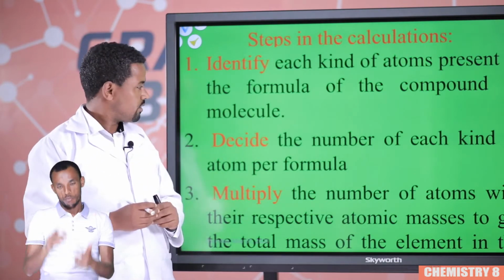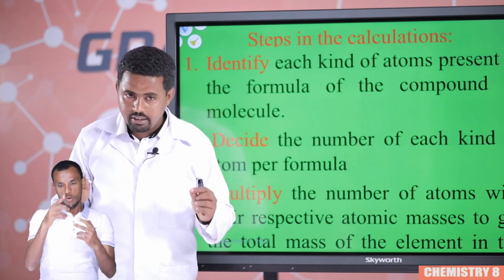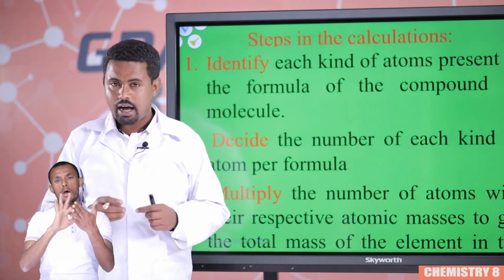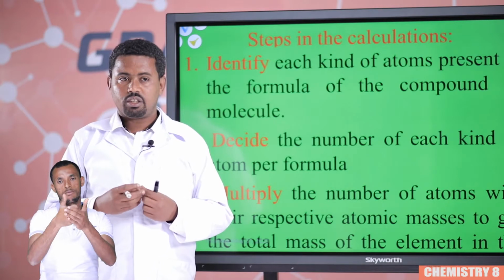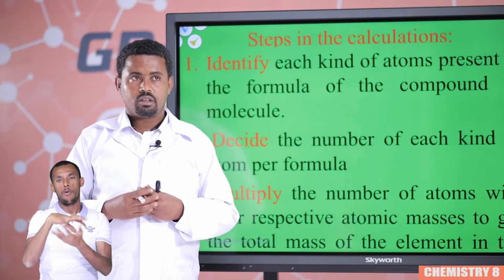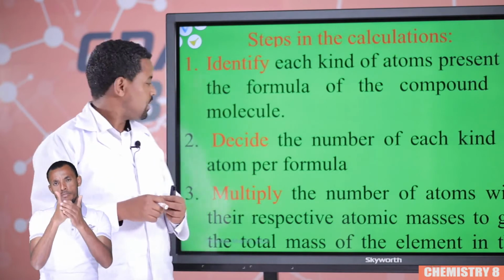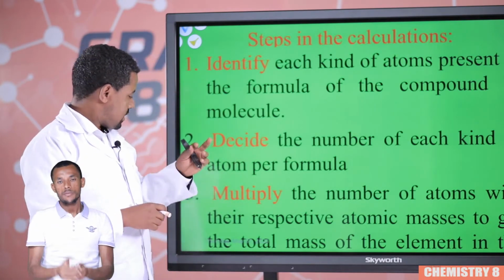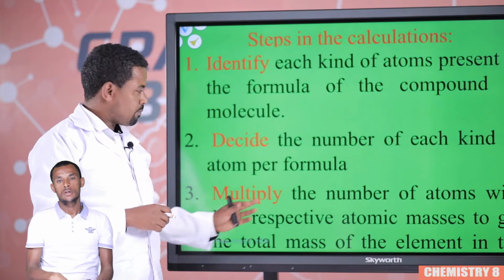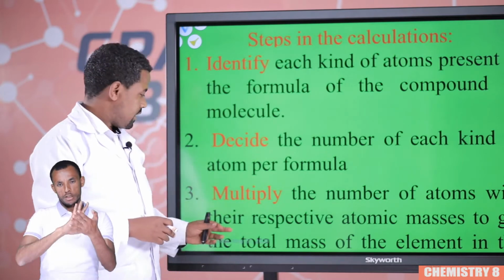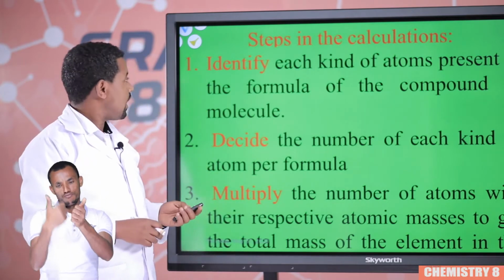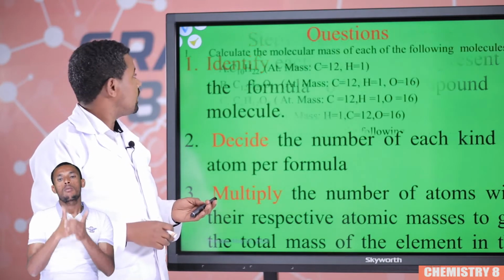The second is to decide the number of atoms of each element in the compound, and multiply the number of atoms by their respective atomic mass.